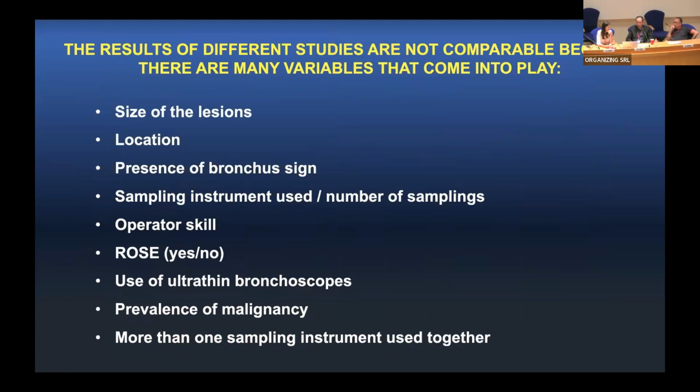The operator skill is very important in bronchoscopy. The use of ROSE, yes or no. The use of ultra-thin bronchoscopes that could improve the sensitivity of the transbronchial approach to peripheral lesions, the prevalence of malignancy, and whether the authors use more than one sampling instrument or more than one guidance system together.